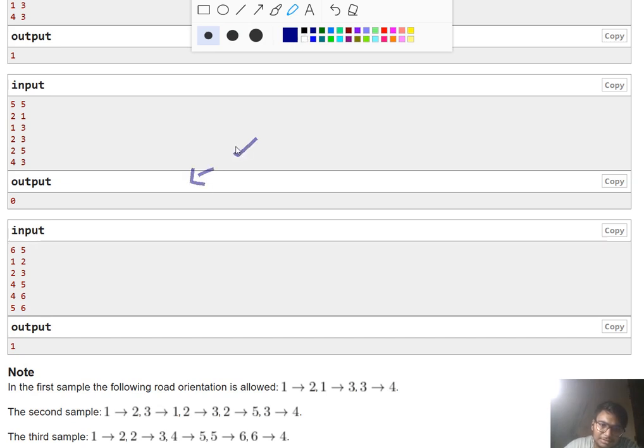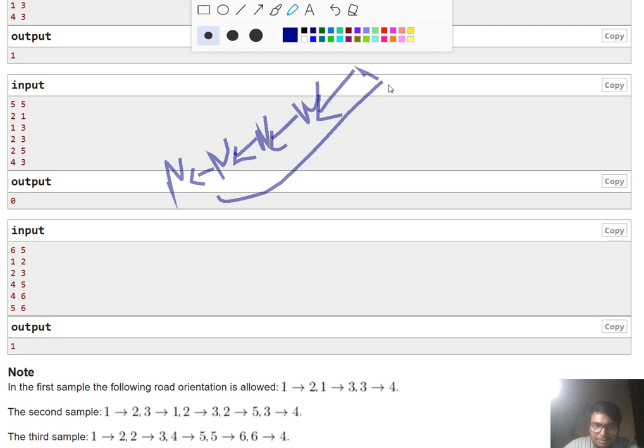If we have an entire linear basis of nodes, then the answer would be one. But let's see some other test case, a much more branched structure. Let me just draw some branched structure.